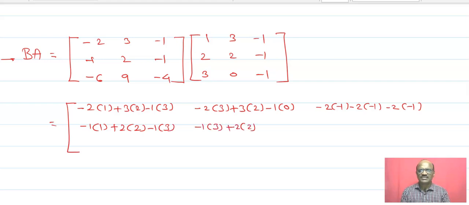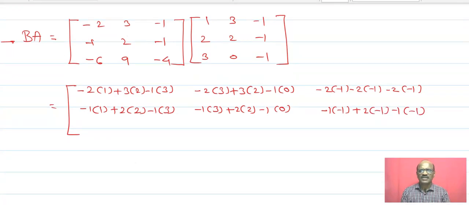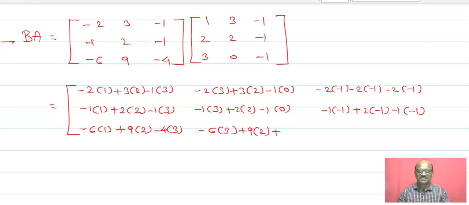Next is second row, second column. And last is second row, third column. And next is third row, first column. Third row, second column. And third row, third column.